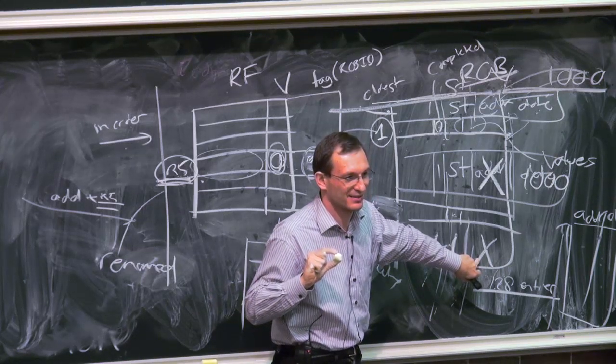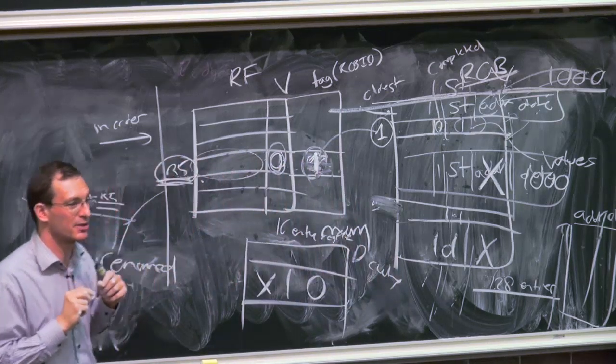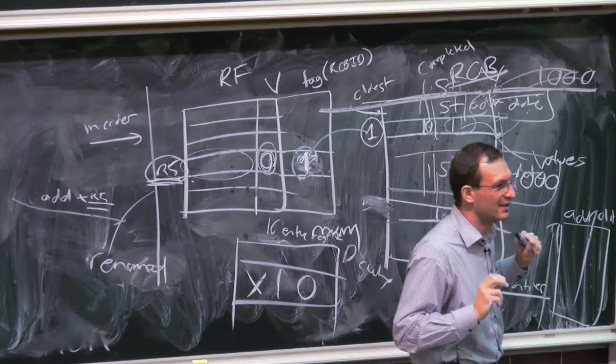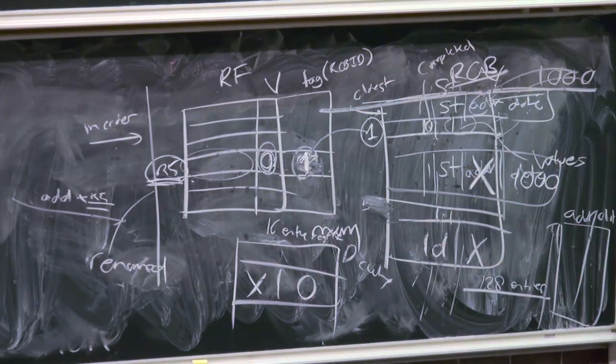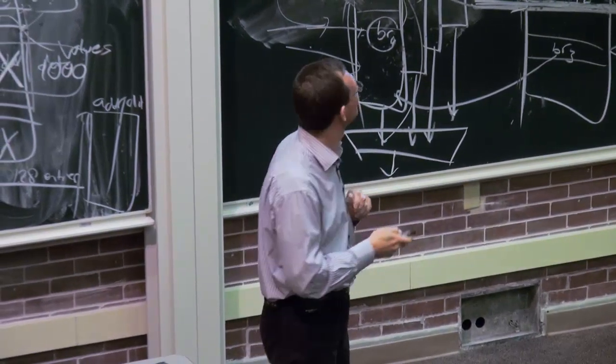Make sense? That way you ensure correctness. But we will cover this in a lot more detail when we talk about consistency and coherence in multiprocessors. So there is additional complexity. And multiprocessors are actually very interesting, but they do add a lot of complexity. OK.